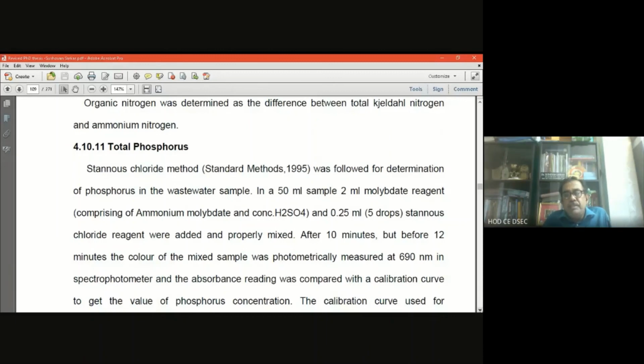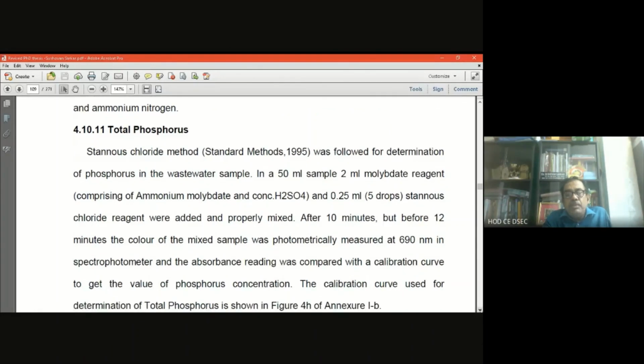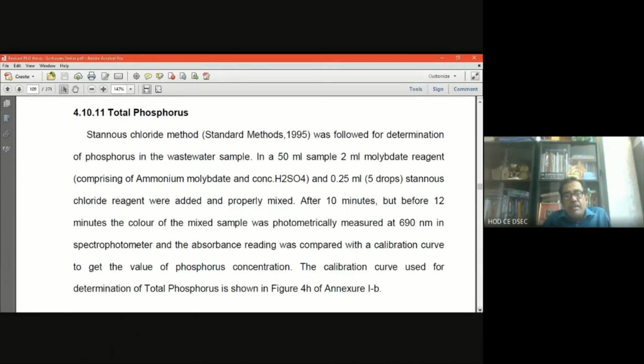So 5 drops means 0.25 milliliter stannous chloride reagent was added and properly mixed. After 10 minutes, but before 12 minutes, the color of the mixed sample was photometrically measured at 692 nanometer in the spectrophotometer, and the absorbance reading was taken. From the calibration curve corresponding to the absorbance reading, phosphorus concentration can be determined.